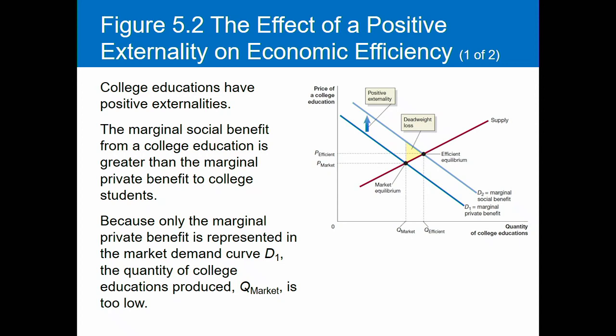The quantity of college degrees in society is going to be lower because they're not capturing the full benefit of their own degree. And again, this results in a deadweight loss. The difference between the efficient quantity of college educations and the market quantity leads to that deadweight loss, shown by this yellow triangle there.